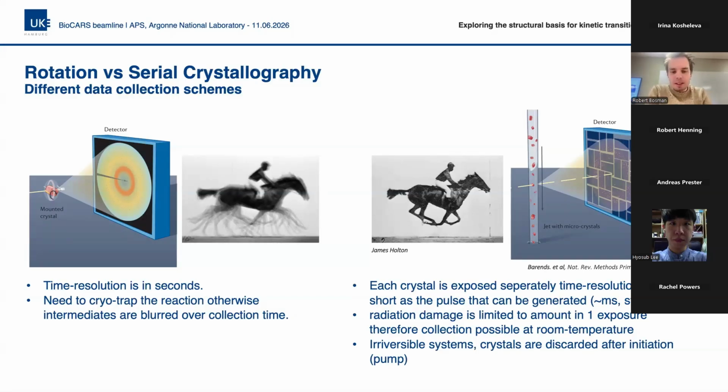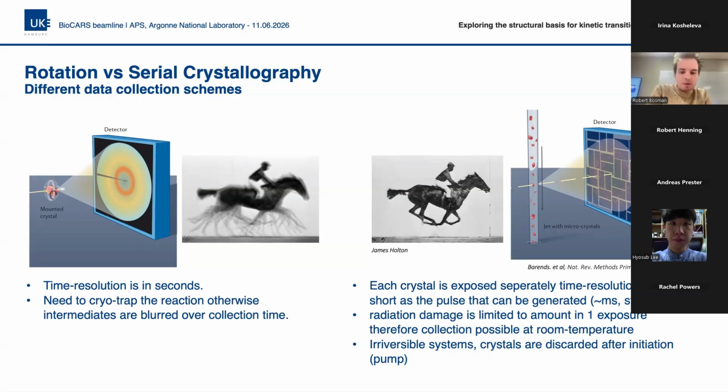That means that the exposure time for the data set actually becomes the exposure time of a crystal, as opposed to conventional rotation, where the exposure time is much longer because you have to rotate that crystal in the beam. And therefore, we can start thinking about time resolution for our exposing beam in whatever the pulse we can generate. The extreme example of this is the XFELs, which have very, very short femtosecond pulses.